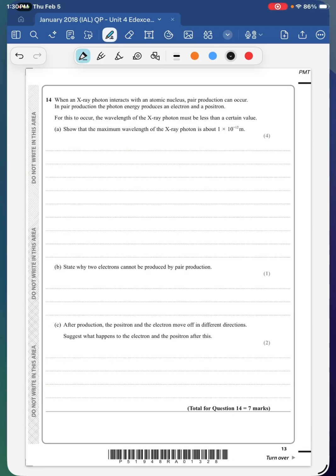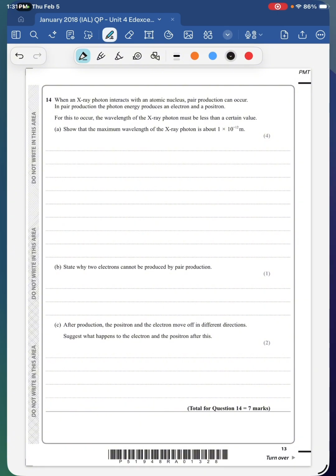When an X-ray photon interacts with an atomic nucleus, pair production can occur. In pair production, the photon energy produces an electron and a positron. For this to occur, the wavelength of the X-ray photon must be less than a certain value.